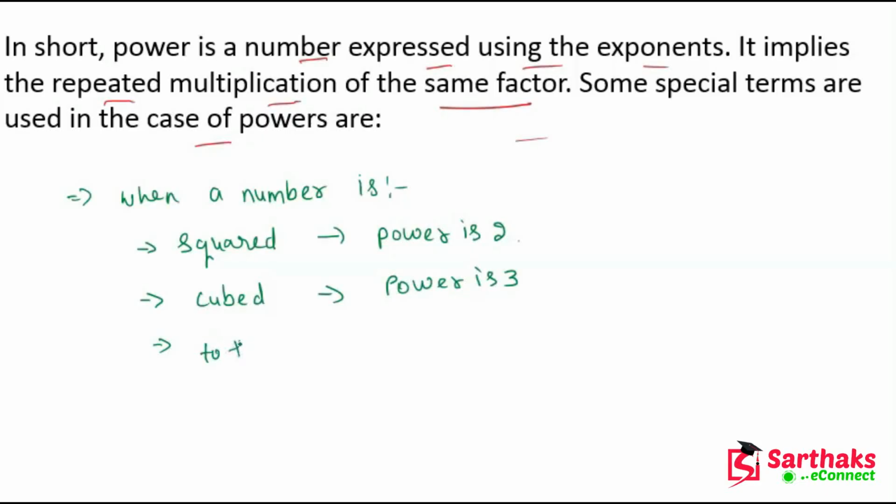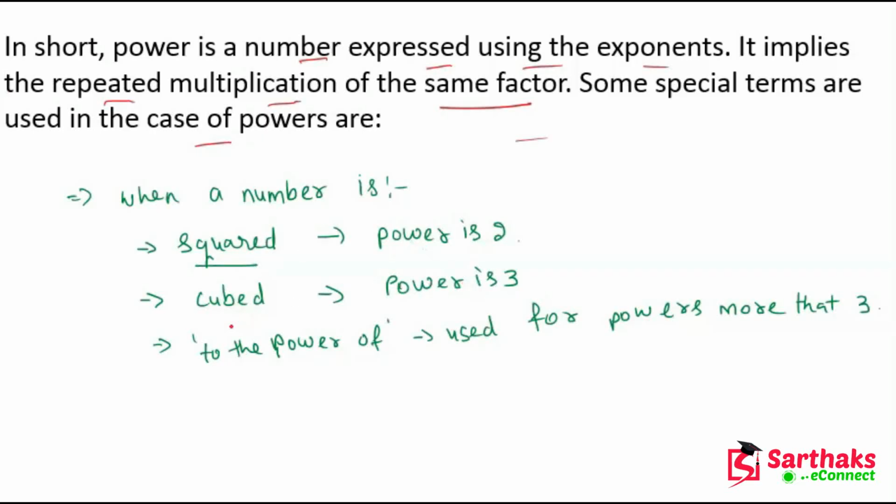So basically, when the power is 2, we use squared. When the power is 3, we use cubed. But when the power is more than 3, we use "to the power of". Got it, my dear friend?